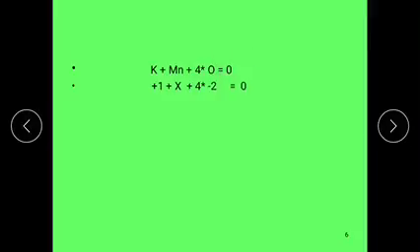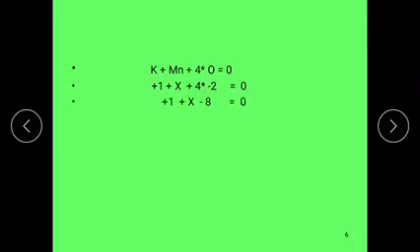Let us assume manganese as X. We know the potassium oxidation state is plus 1. Here 4 oxygens are there, 4 into the usually used oxidation state of minus 2, equal to 0. 1 plus x plus 4 into minus 2 equals 0.